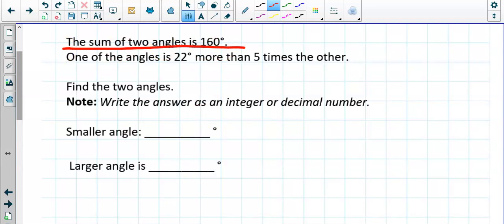So, what does that look like? No, the equation. This is all about equations. The sum of two angles is 160 degrees. Equals, boom, there it is.